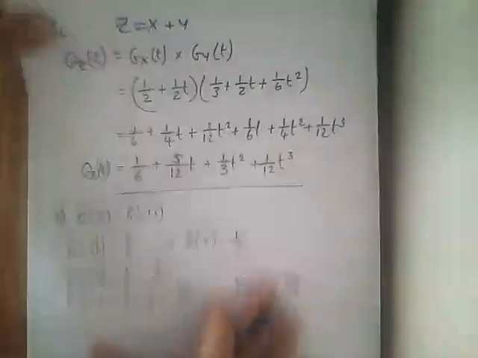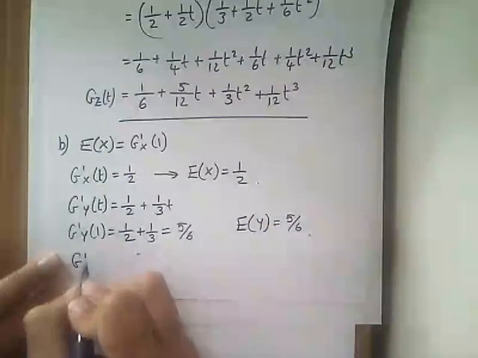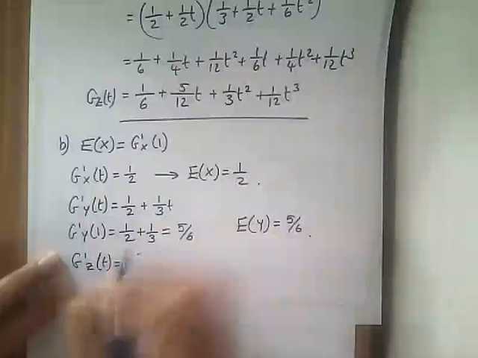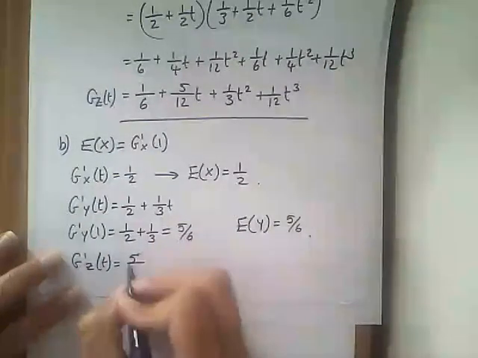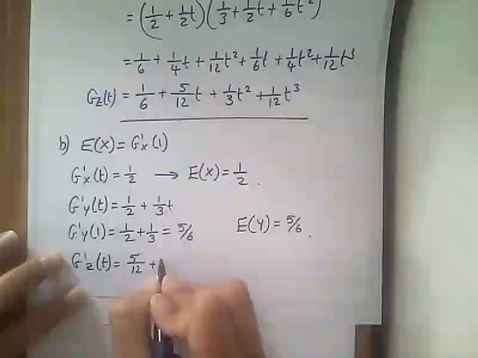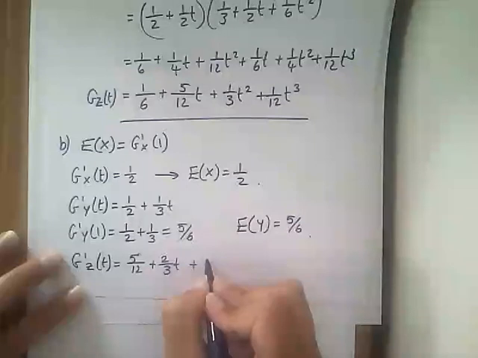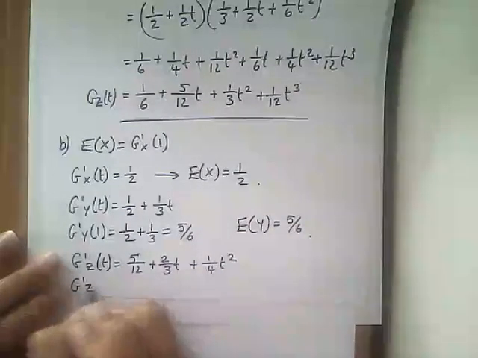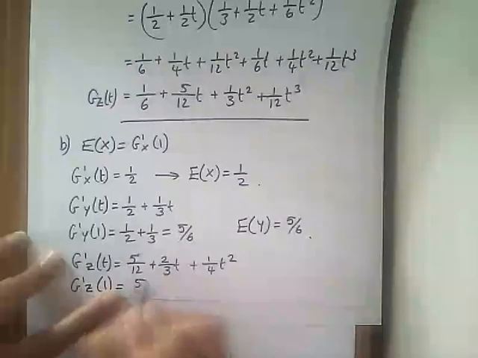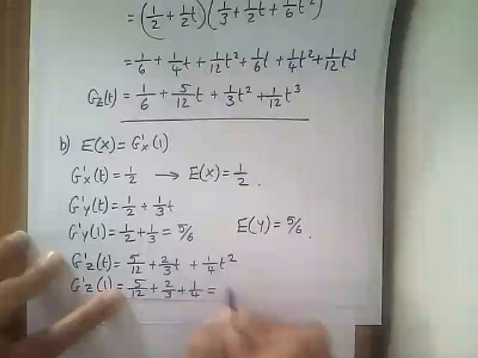Okay, and then let's do the same for z. So g dash z of t, we've got to differentiate all of this. So we get 5/12 plus 2/3 t plus 3/12, which is a quarter t squared. Then we can substitute in 1 into there, so we get 5/12 plus 2/3 plus a quarter, and that is 4/3.